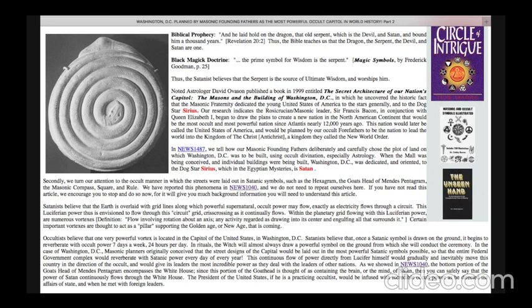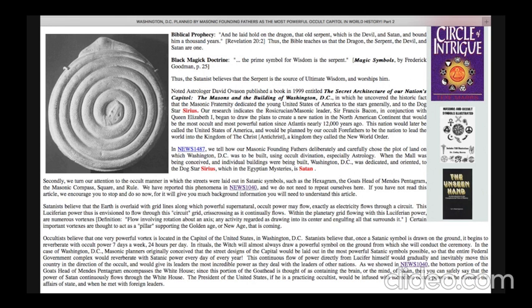This nation would later be called the United States of America and would be planted by our occult forefathers to be the nation to lead the world into the kingdom of the Antichrist, a kingdom they called the New World Order. Masonic founding fathers deliberately and carefully chose the plot of land on which Washington, D.C. was to be built, using occult divination, especially astrology.